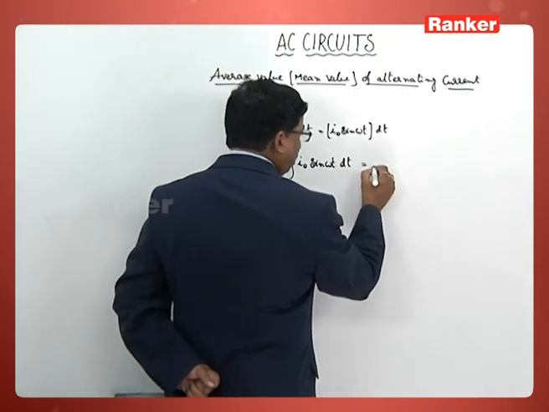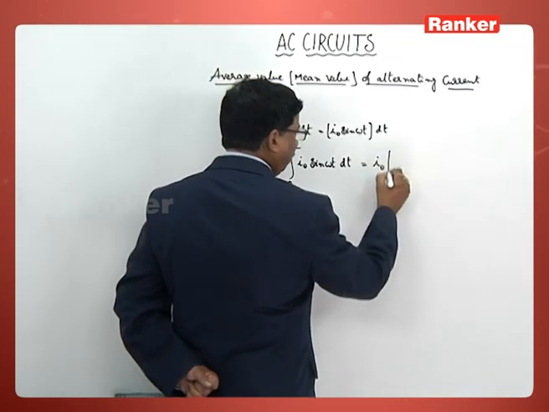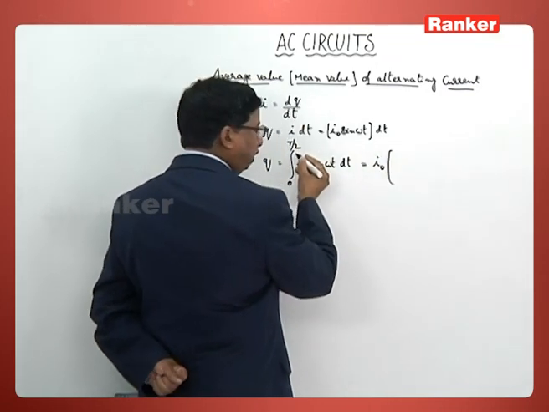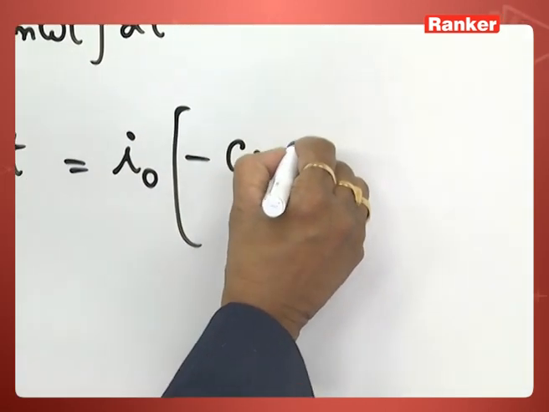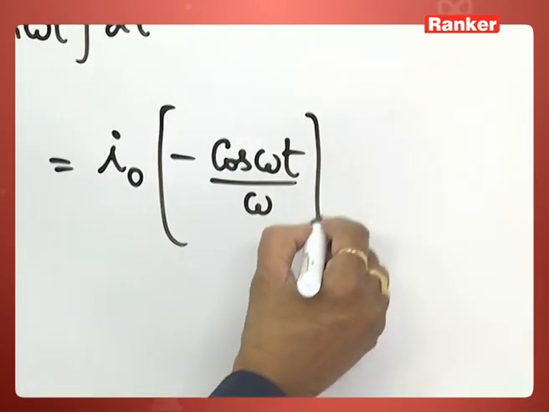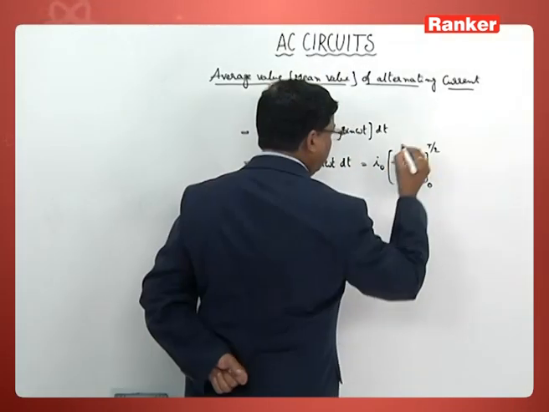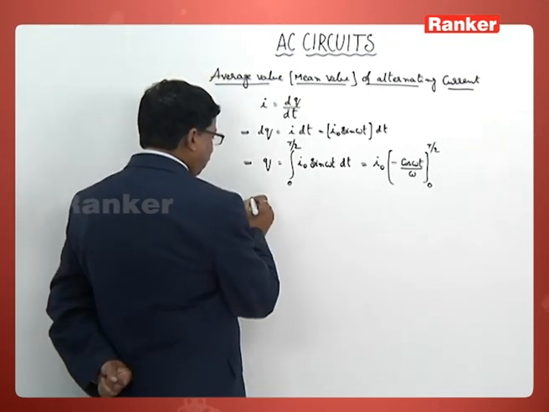I naught being a constant, you can remove that out, and we can understand well, for sin omega t the integral value would be minus cos omega t by omega between the limits 0 and T by 2. Now check the next step.